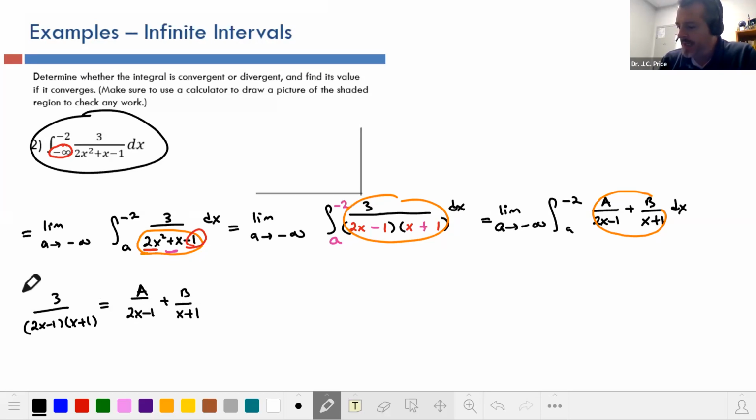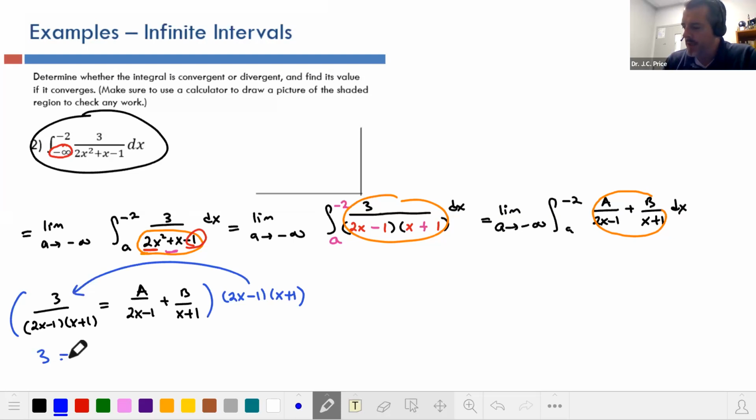I'm going to clear the denominator, so I'll multiply everything by 2x minus 1 times x plus 1. When I multiply it over here, I just get the number 3. Here, the 2x minus 1s cancel, and I get A times x plus 1, and then plus B, where the x plus 1s cancel, times 2x minus 1.